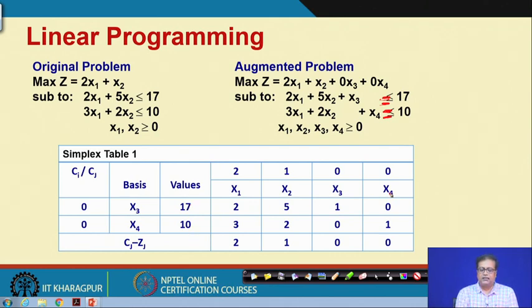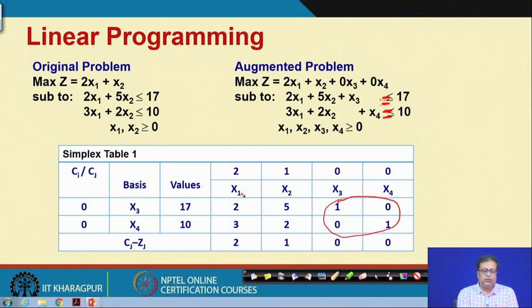This is our matrix, x1 and x2 are non-basic variables, x3, x4 are basic variables, they form the unity matrix, that is how simplex is done, and the matrix is written 2 5 3 2, and these are the profit coefficients, and these are also profit coefficients.